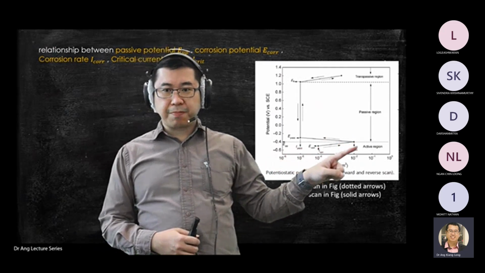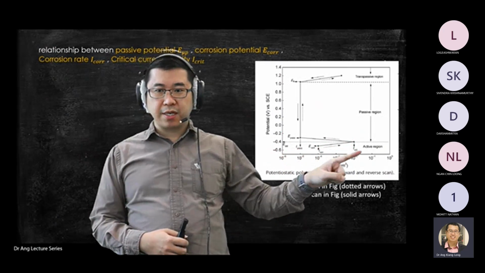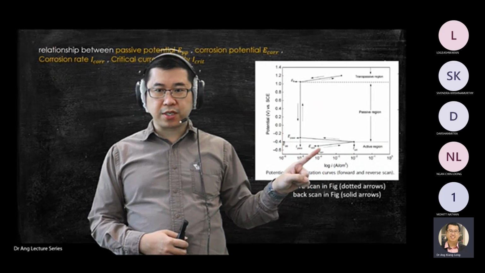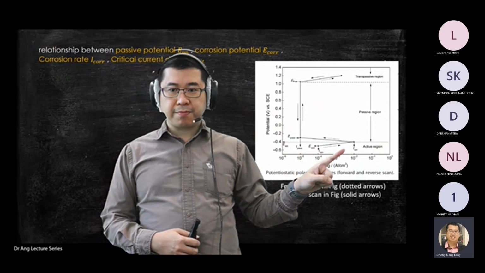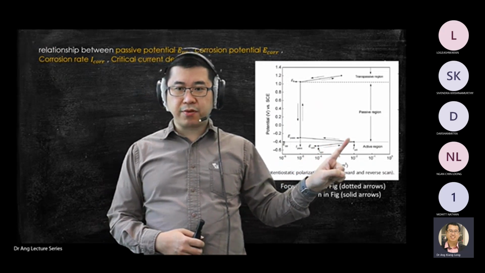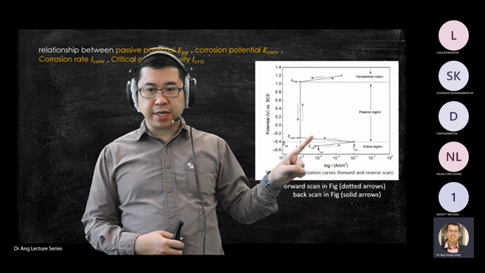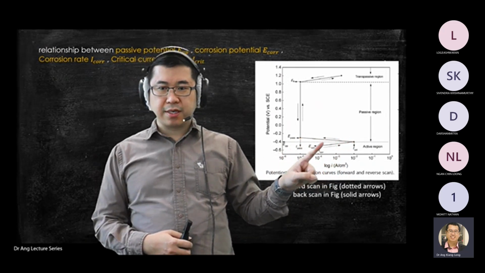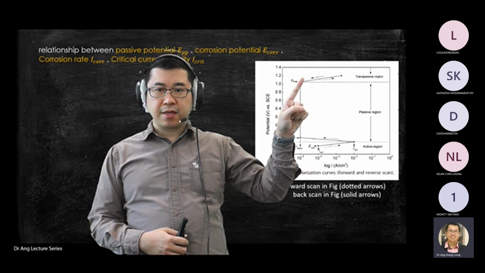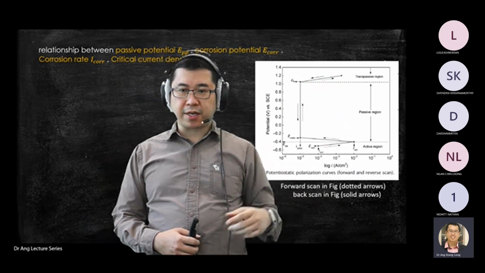After this critical point, the voltage is going to change. Initially in the active region, your voltage goes up with a positive gradient. Then when you reach the critical point, it becomes a negative gradient, and then suddenly jumps up, then goes to a positive gradient again.